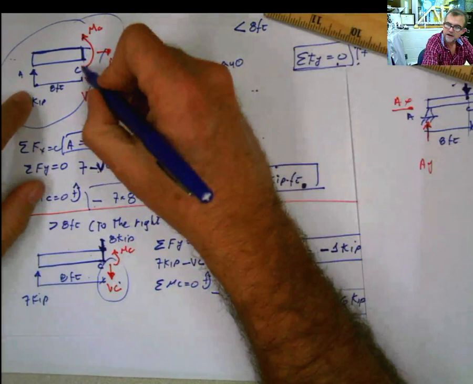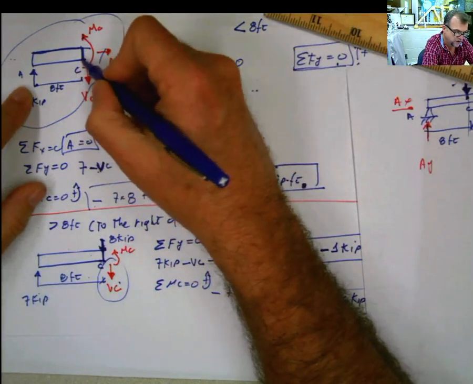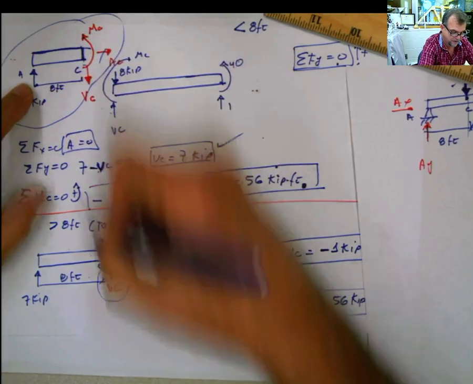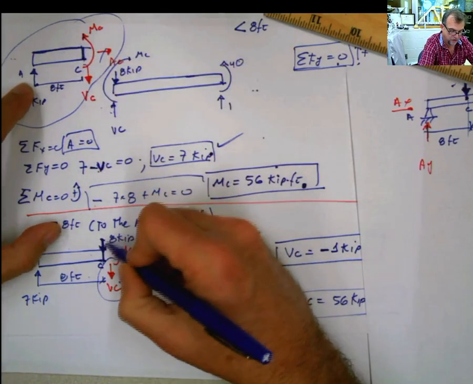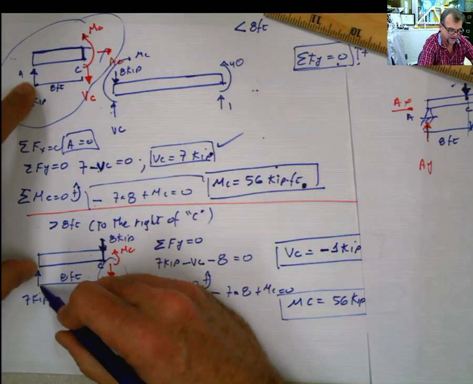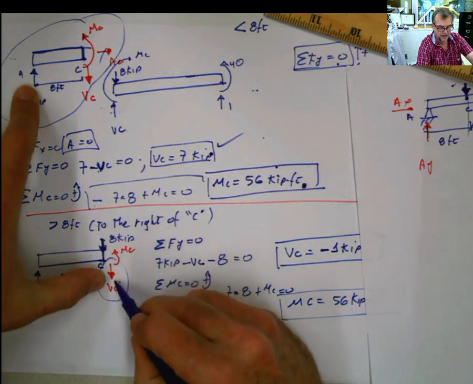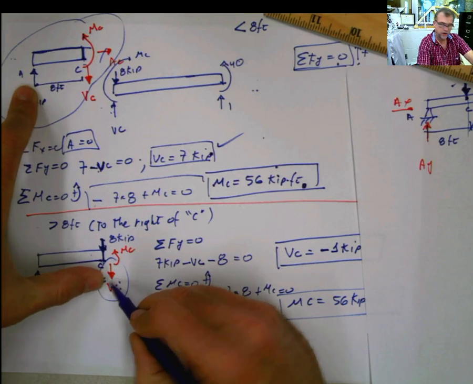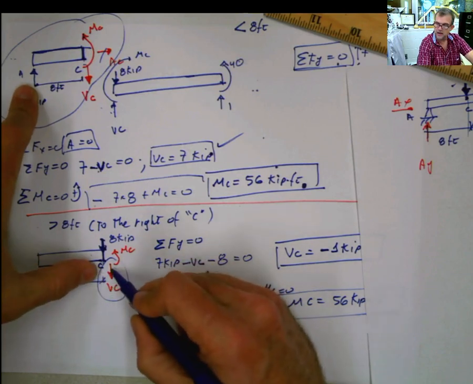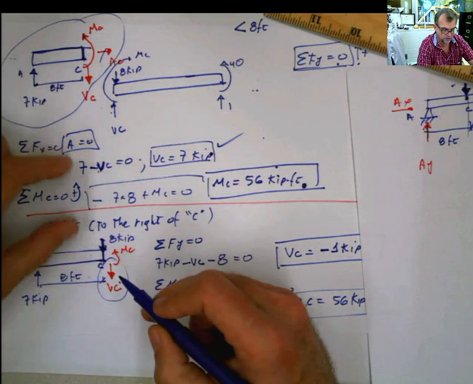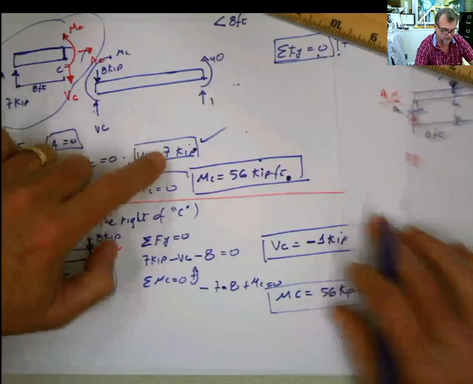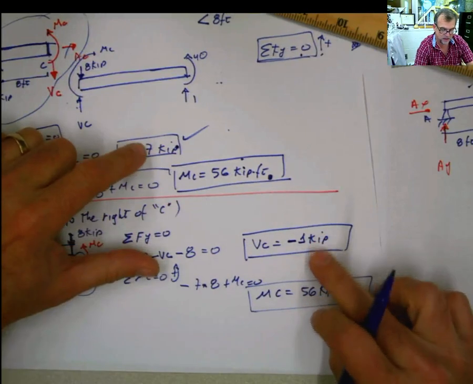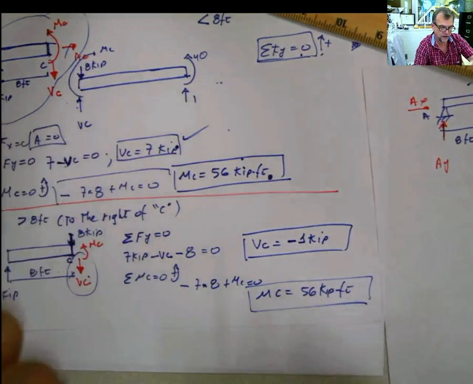But immediately after that point, that force is acting and affecting my original 7 kip, and it's giving me a residual 1 kip in the other direction, negative. The total jump between this condition of 7 kip and this condition of negative 1 kip, the distance between this value and this value, if you will, is 8 kip.